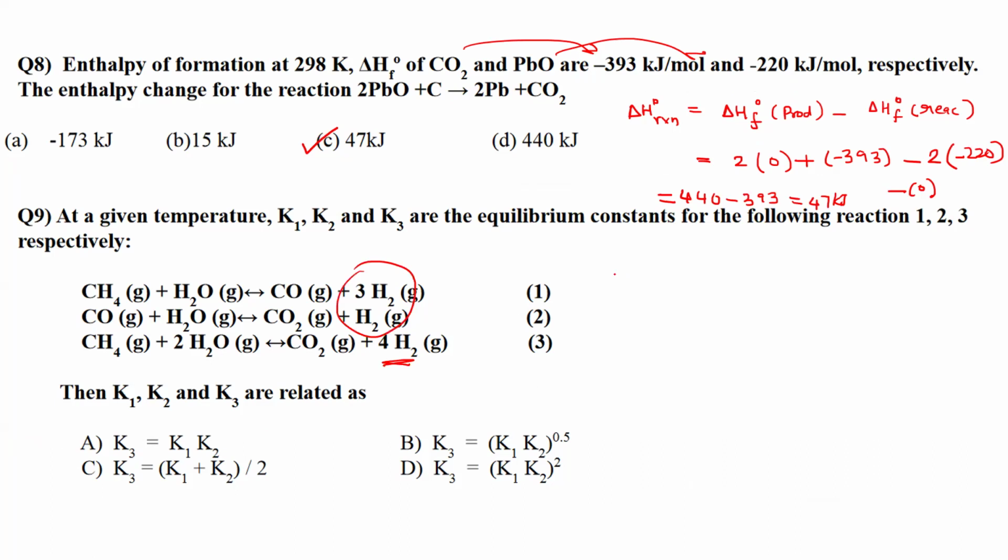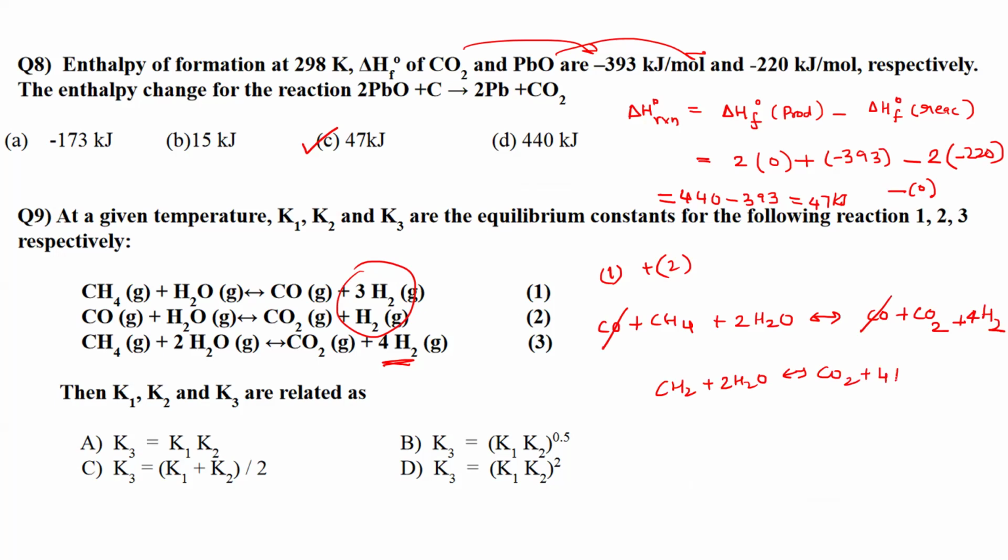Equation 1 plus equation 2 will give us CO plus CH4 plus 2H2O reversible CO plus CO2 plus 4H2. And this will give us CH4 plus 2H2O reversible CO2 plus 4H2. And this is the reaction 3.